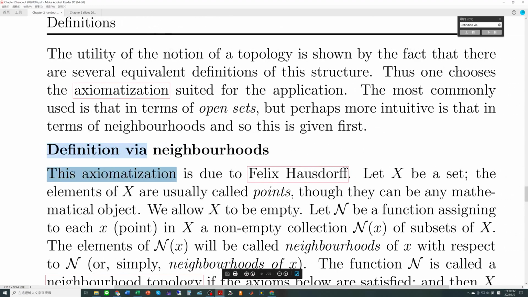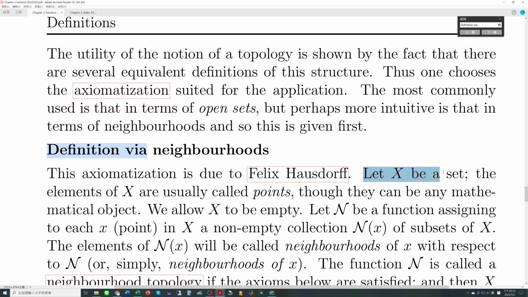This axiomatization is due to Felix Hausdorff. Who is Felix Hausdorff? He is a man, and we will introduce who he is later.